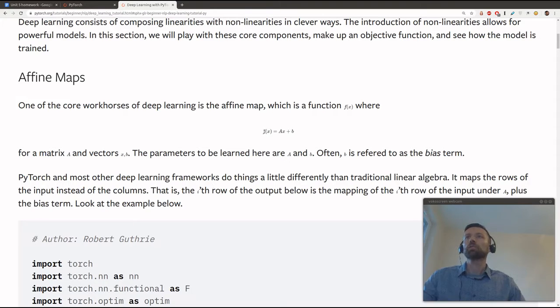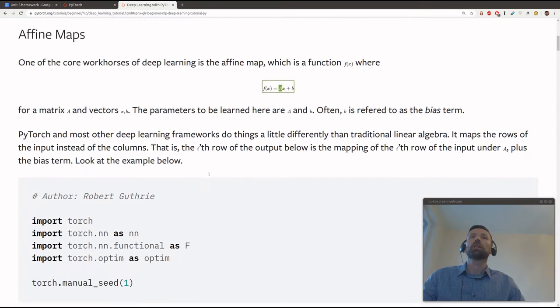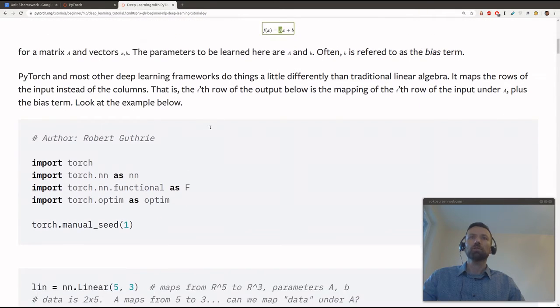This operation is represented as a function on the inputs, where the inputs x are usually a vector. You multiply this vector by the weight matrix, you add a bias term, and you get the outputs of this function. Please read again the description.